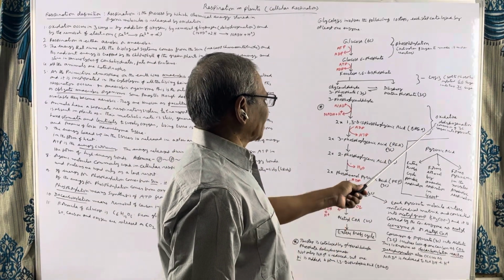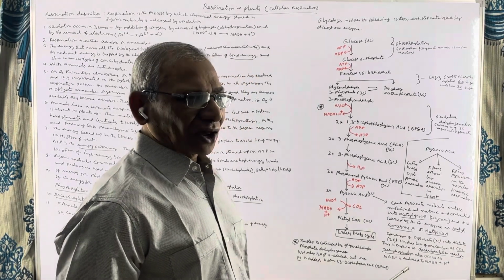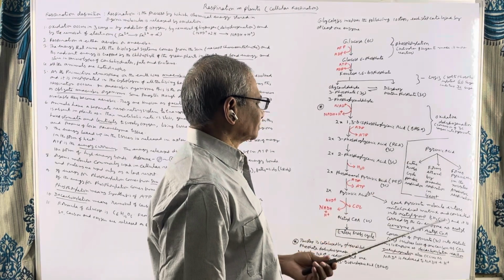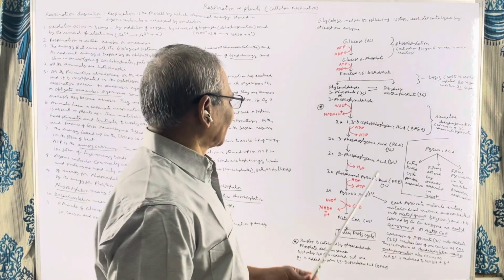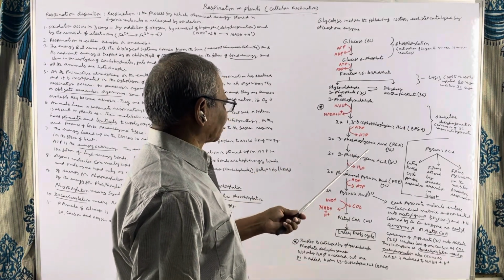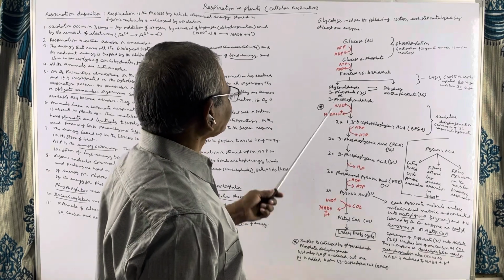The third step is oxidative dehydrogenation. That means here oxidation is carried out by the removal of hydrogen ions. These hydrogen ions are transferred to hydrogen carriers, NAD. So these are the 3 important steps. Then ATP is also synthesized. I will come to that point later on.